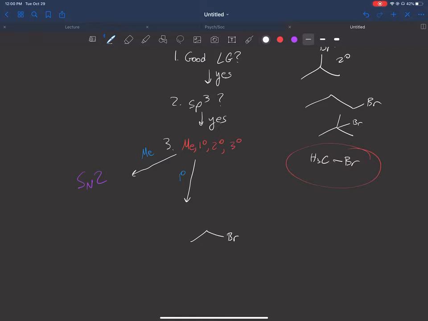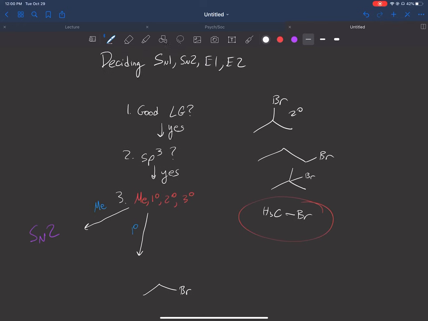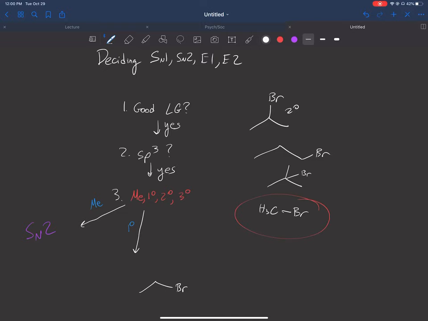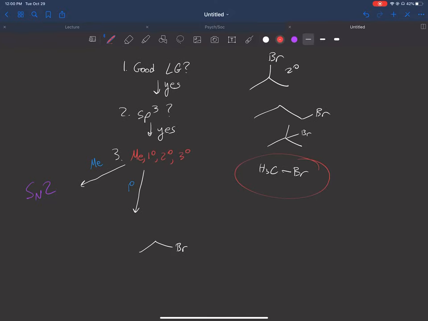Any good leaving group, and so now what we had to ask ourselves was, okay, can we rule anything out? Well, think about SN1, E1. They go through carbocations, right? Remember, the mechanism is always the same for both, in that the leaving group leaves. So we get a primary carbocation, right?